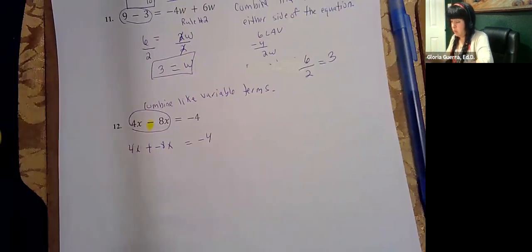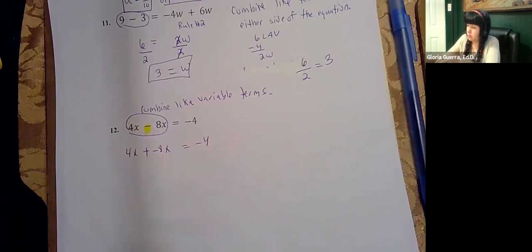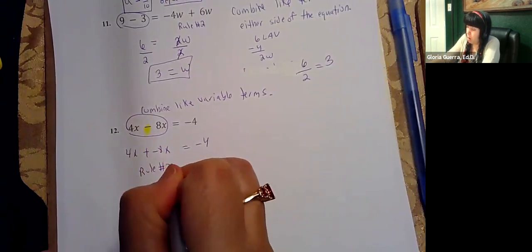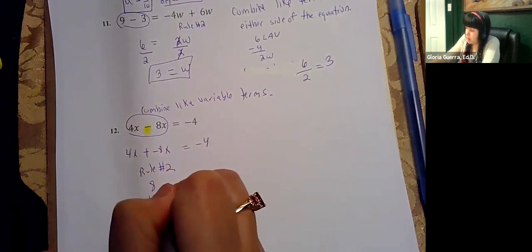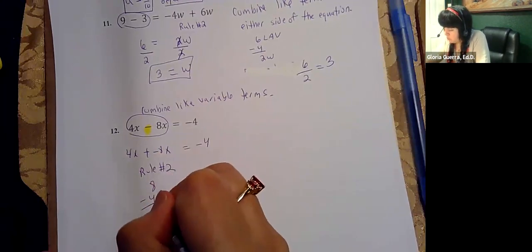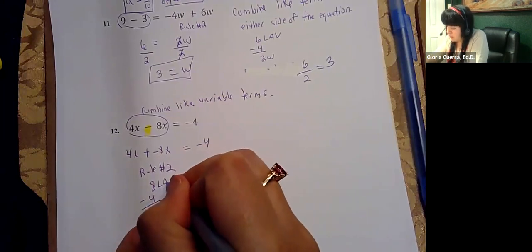Then I look at this now with fresh eyes, and that is back to row number 2. So you're subtracting: 8 minus 4 is 4. And you want to keep the sign of the 8 that has the larger absolute value.